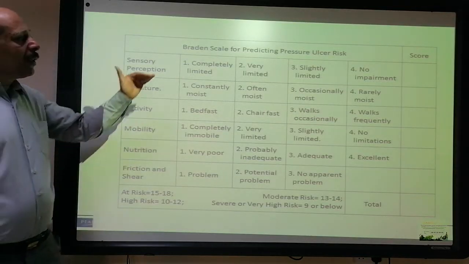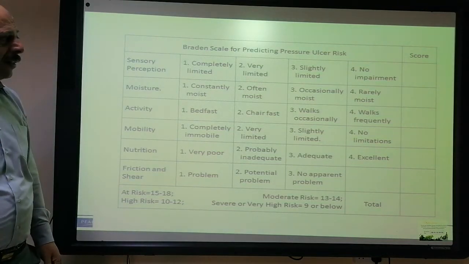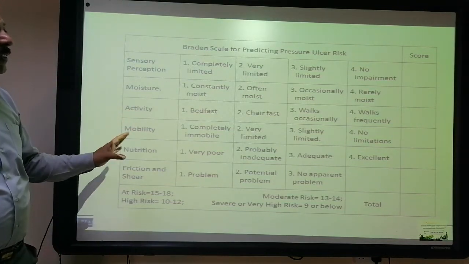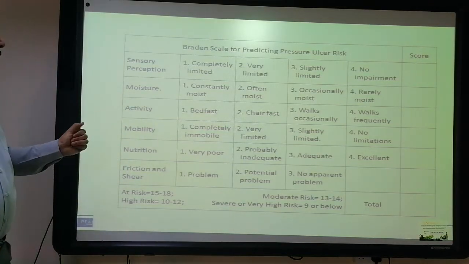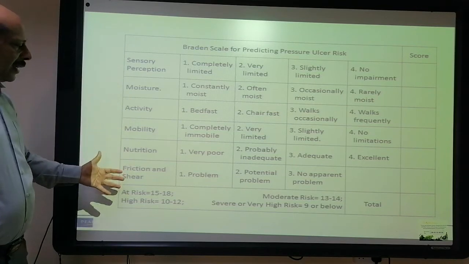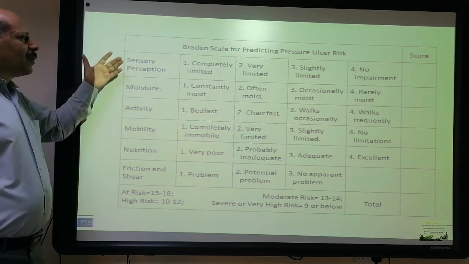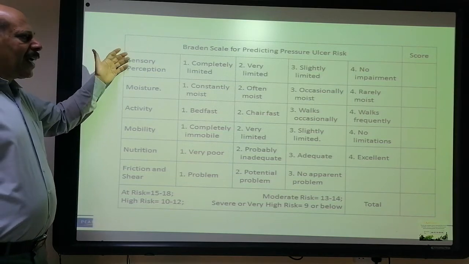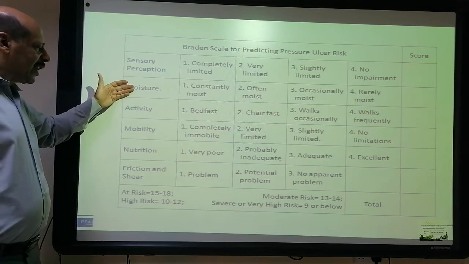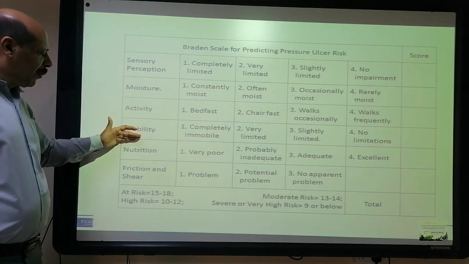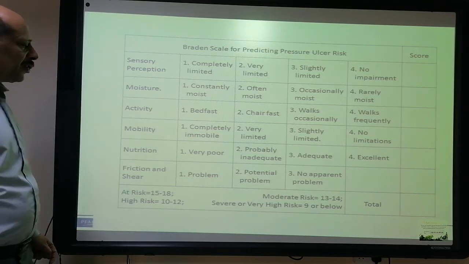So about the Braden scale for predicting pressure ulcer, we have to assess the client in 6 categories: sensation and perception, moisture, activity, mobility, nutrition, and friction and shearing force.